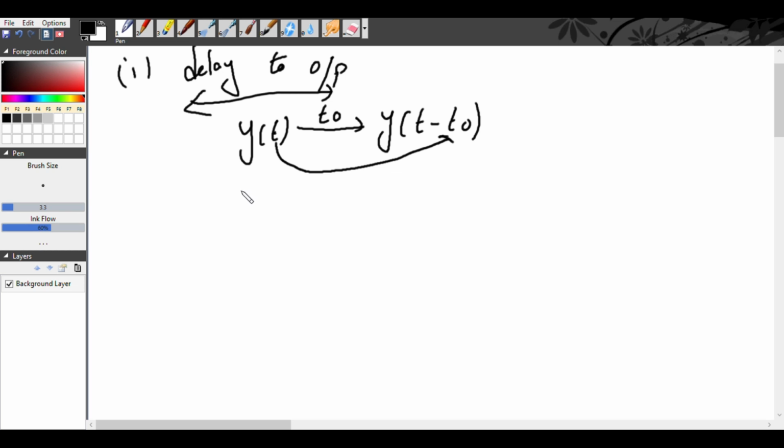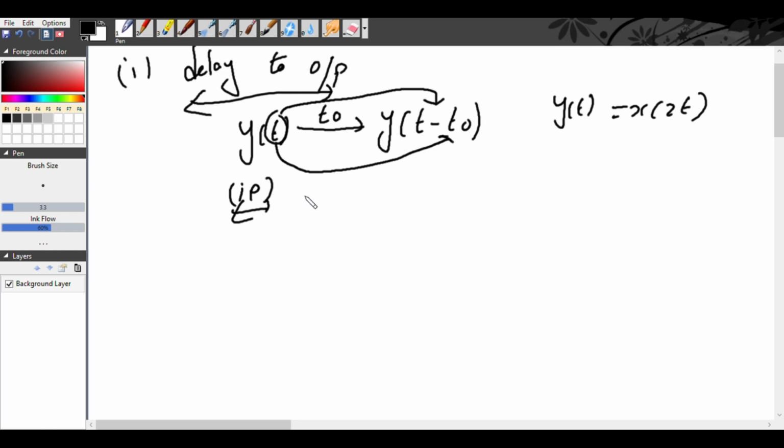So what happens to the output? So look, this is a system. I hope you remember it. Y of t is equal to x of 2t, right? So if you look carefully, instead of t we get t minus t naught, because we are adding a delay element on the output side.